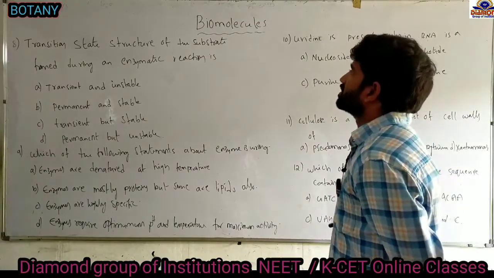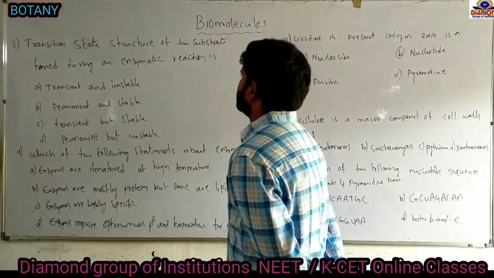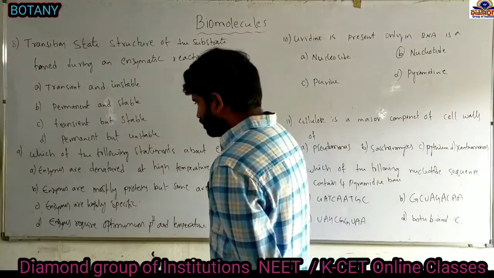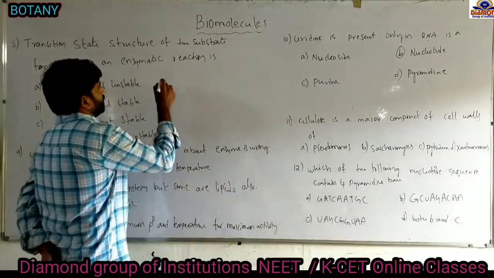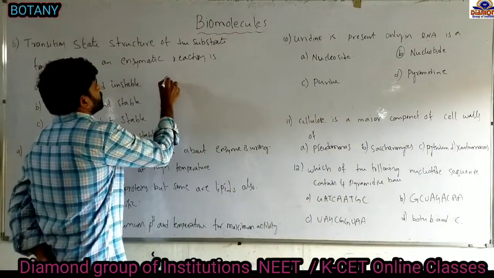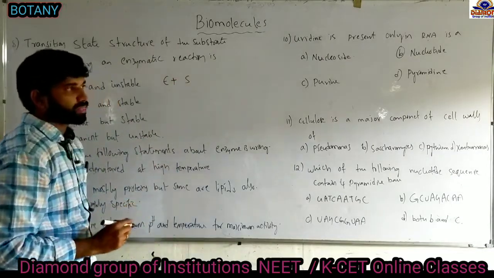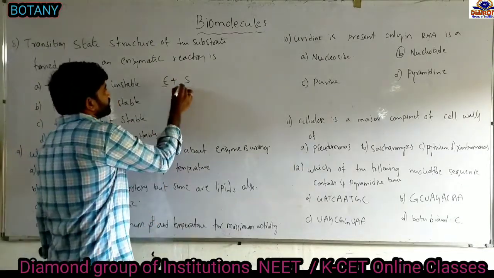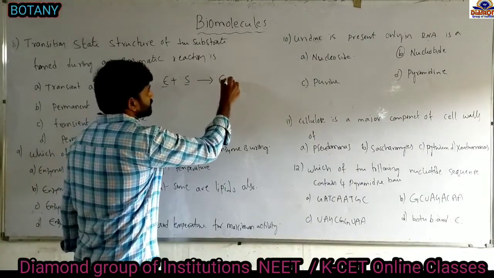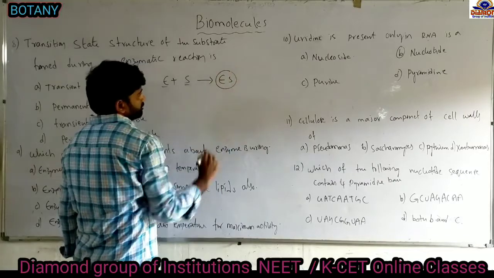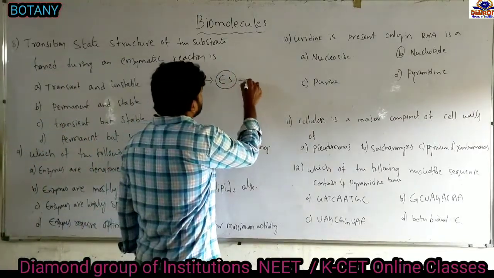Transition state structure of substrate formed during the enzymatic reaction is. So at the time of conversion of substrates into a product, enzyme and substrates are involved. The enzyme and substrate combine together and form an intermediate state that is called the enzyme substrate complex.